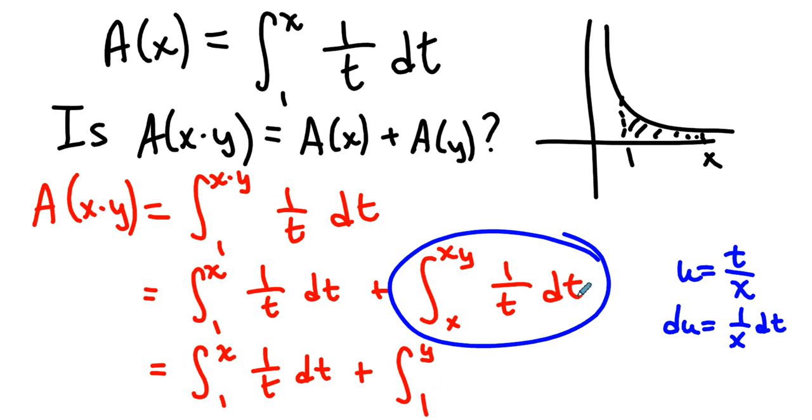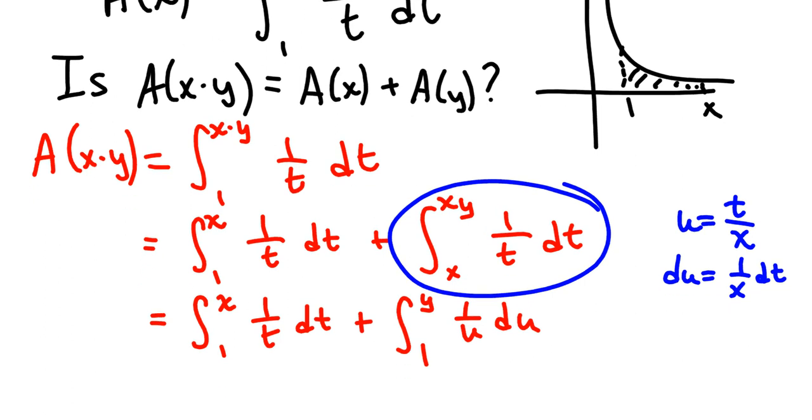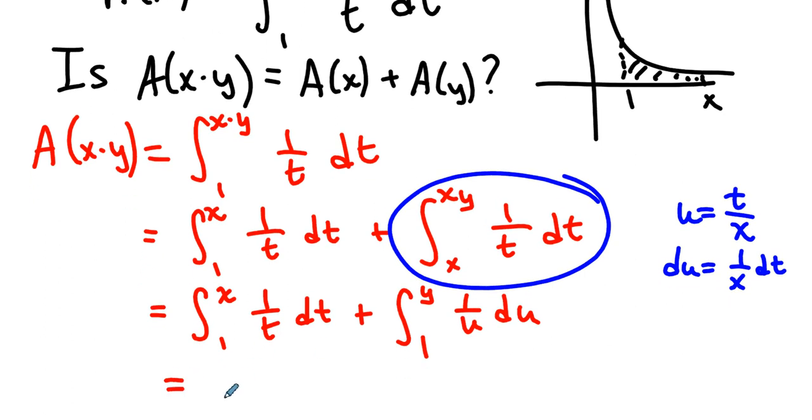And this part turns out to be 1 over u du. Well, what does that mean? That means that this part is a of x, and this part is a of y, because that variable is a dummy variable, so it might as well be t's there. We don't care.